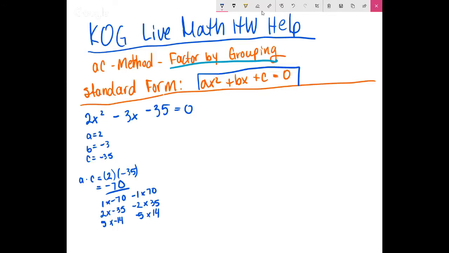One more is 7 times -10, and then -7 times +10. All right, so those are all our factors of -70, and we want to find the pair that we can add up to get -3, which is B.